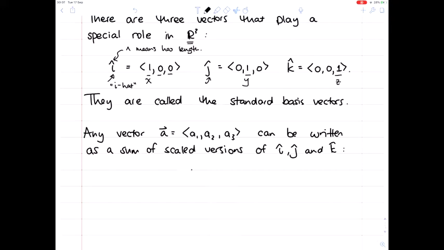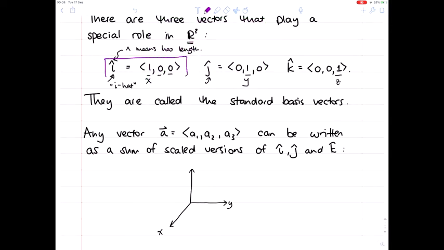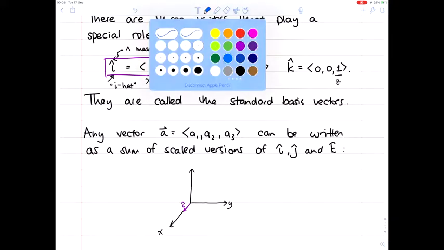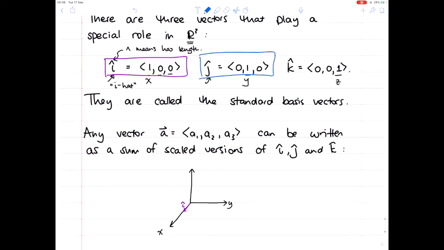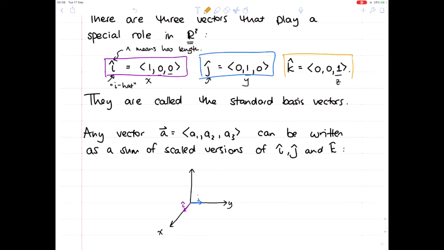So the idea we have is, if we draw our coordinate system in 3 dimensions, then our i hat vector, which is this one over here, points 1 unit in the x direction, so that's our i hat, and our j hat points 1 unit in the y direction, and finally our k hat points 1 unit in the z direction.